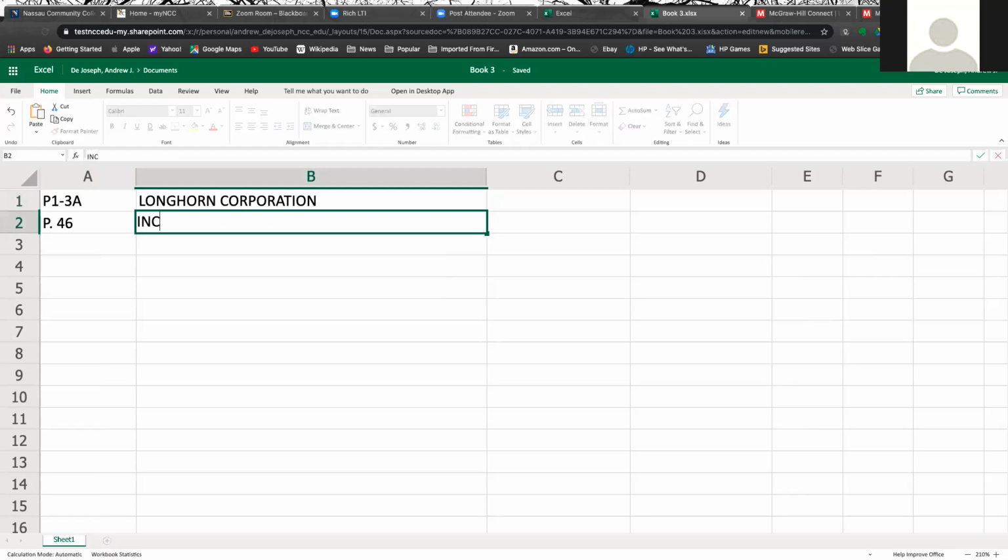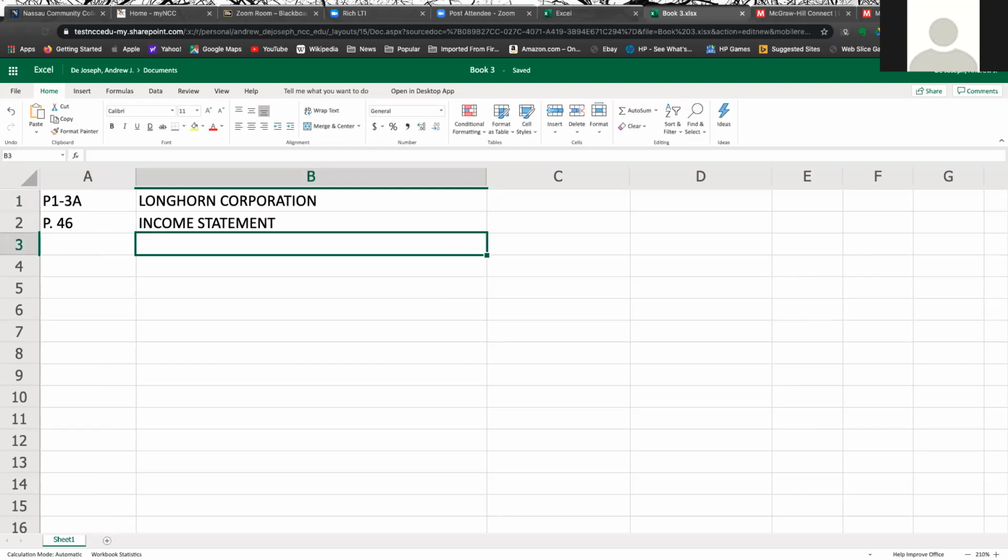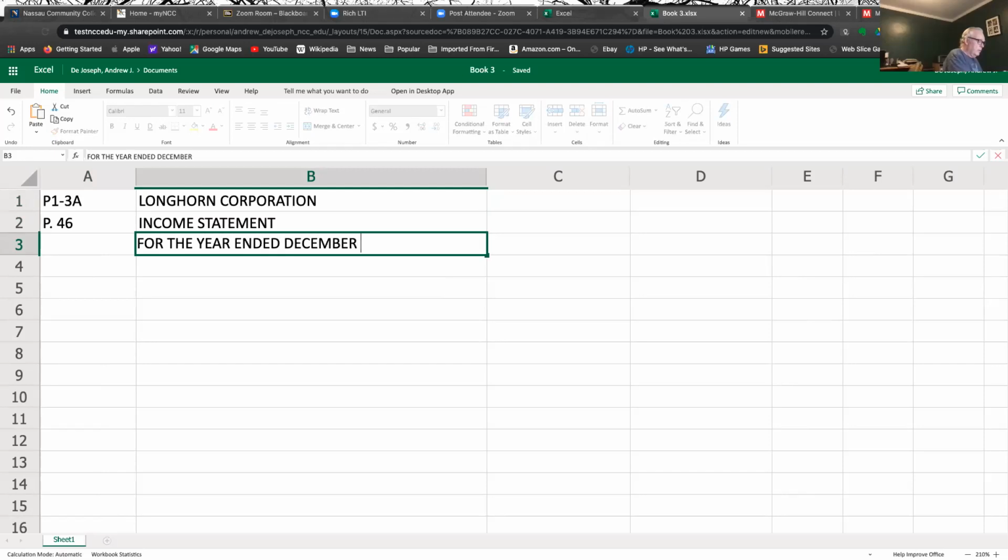Income statement, for the year ended December 31st, 2021.